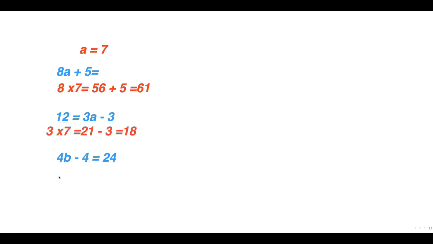And the last one here, we have 4 times 7, because a equals 7, remember. 4 times 7 is 28. 28 minus 4 equals 24.